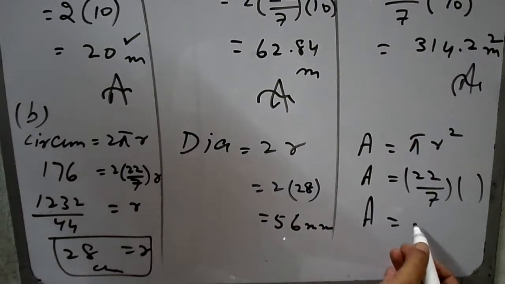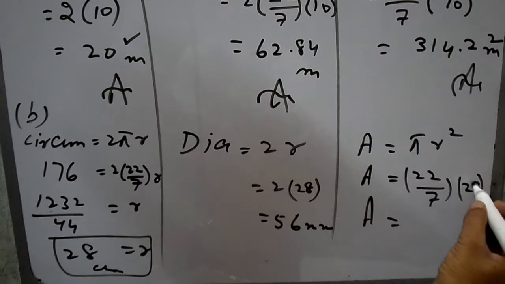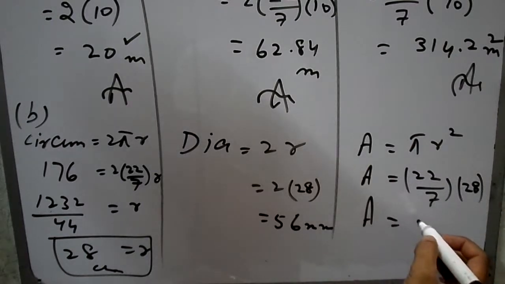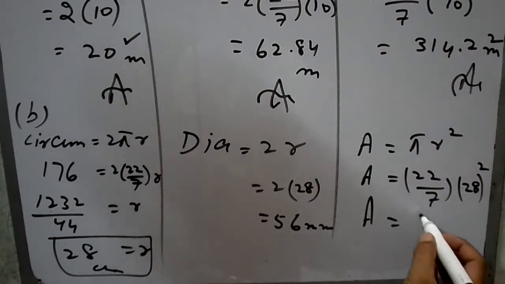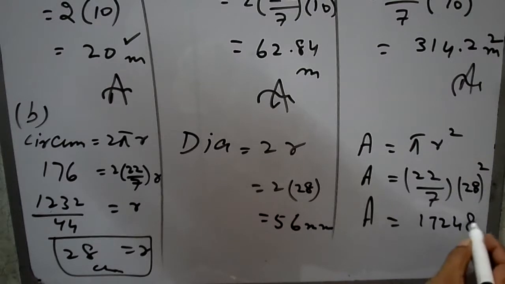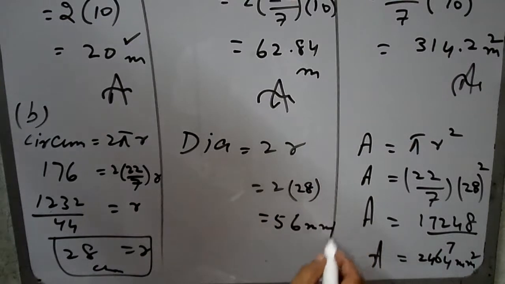Area should also be in millimeters, that is, what is the value of r, that is 28. So by simplification it is a square, so remove the square first, then multiplying and dividing, you will get 17248 divided by 7, you will get 2464 millimeter square, so that is your area.